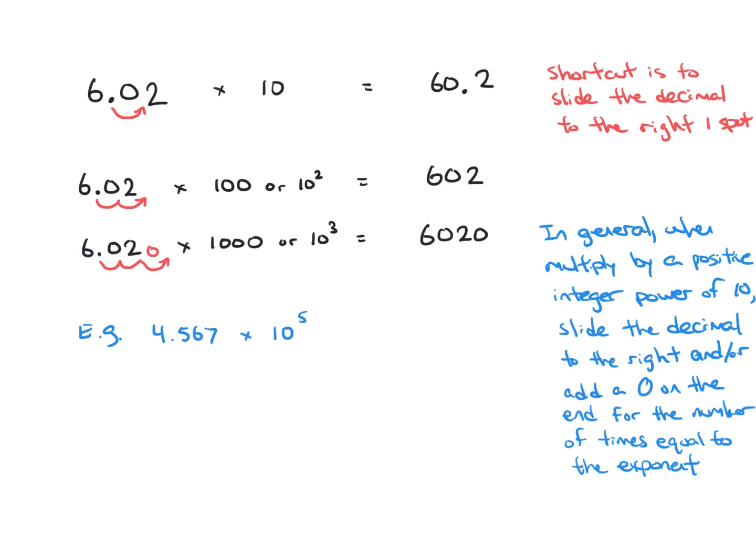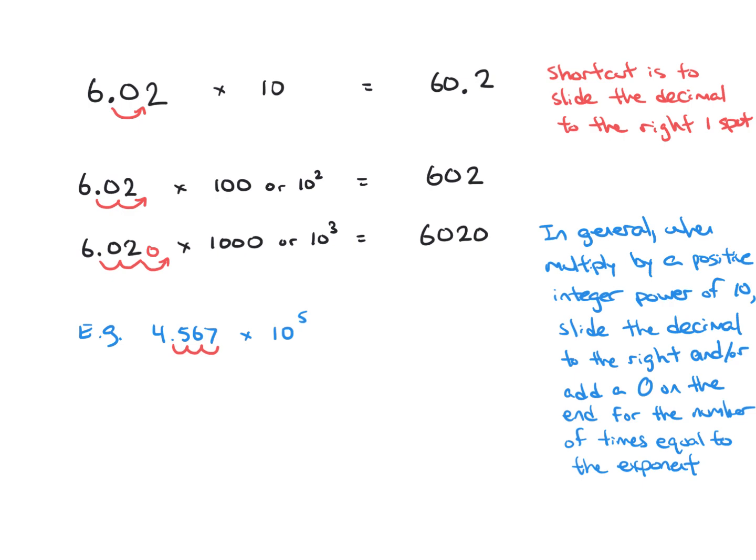So if I follow the general rule, I am multiplying by a power of 10. So that means I will slide my decimal point to the right 5 times. But I can only do it 3 times until I reach the end. 1, 2, 3. So how do I get to 5? Well, that's when you start adding zeros.